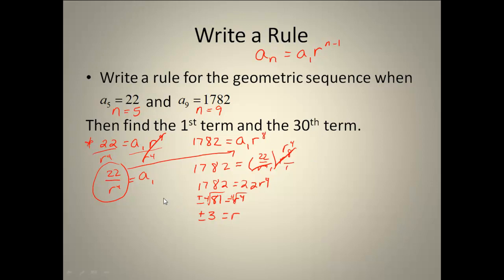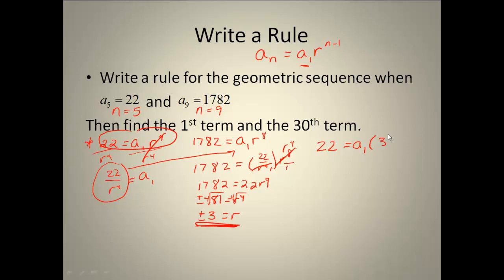Now this is only a piece of my rule. I still need to figure out what my number is for a sub 1. Well, I can come back to one of my original equations here, just like you do with regular systems of equations, and I'm going to plug in what I got for r. So I have 22 is equal to a sub 1.